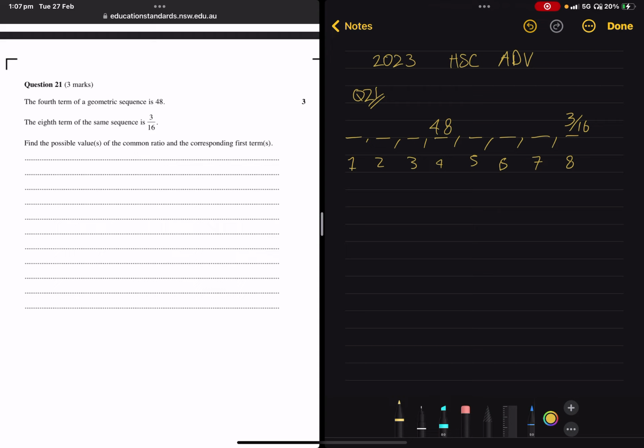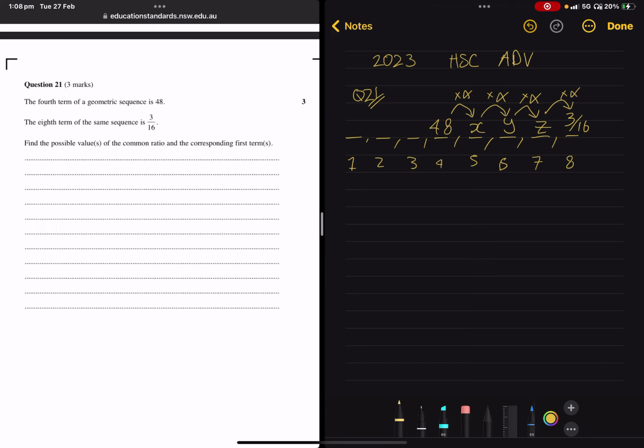So it's geometric, and this means this number here is going to be multiplied by something to get this number. Then this number is going to be multiplied by something to get this number, and we're going to be multiplying by the same term each time. So 48 times alpha gives you x, x times alpha gives you y, y times alpha gives you z, and z times alpha gives you 3 on 16.